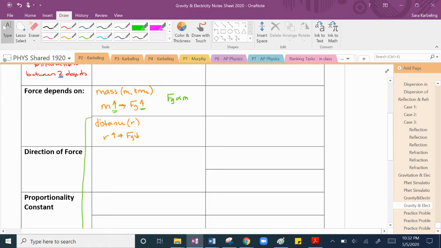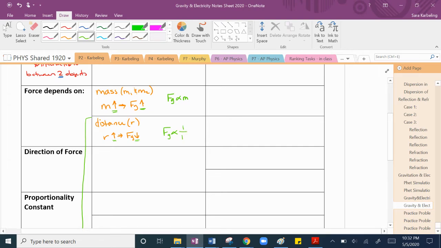The radius, though, actually causes the force of gravity to go down. So this gets a little bit funny, and the simulation as it's written is a little bit hard to figure out exactly what this relationship is, which is why we're doing this video as well. Okay, so as one goes up, the other goes down. So we know that it's going to be some sort of inverse.